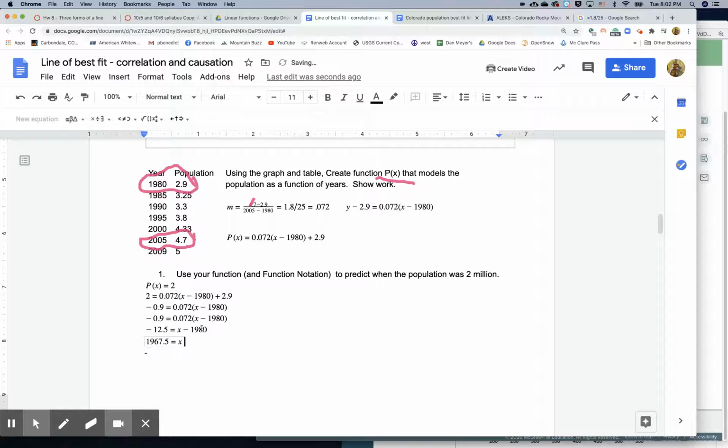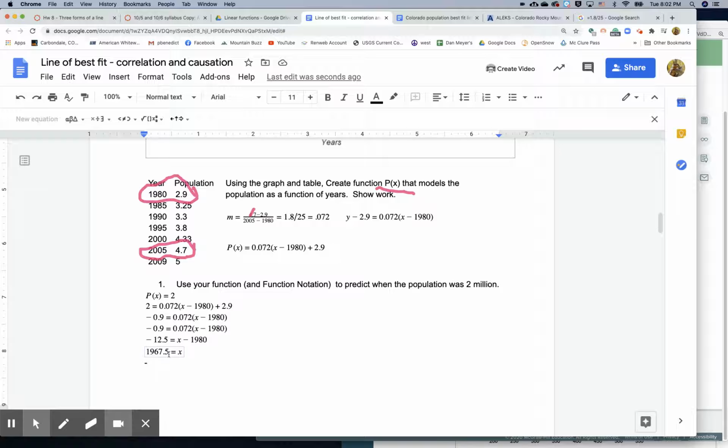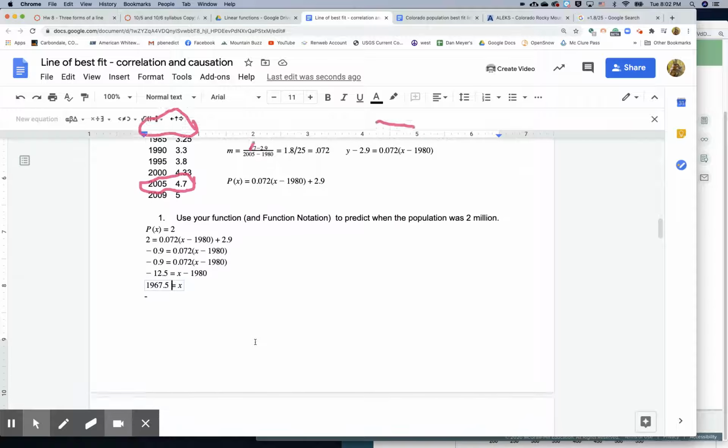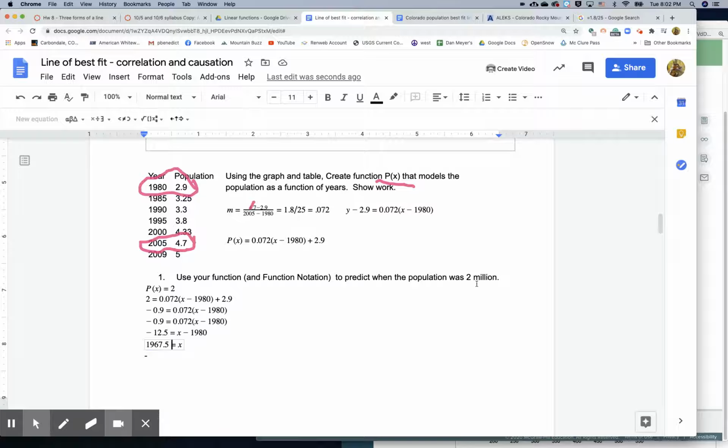So we can see that when P of X equals 2, in other words, when the population is 2 million, that occurred, according to our model, in 1967 and a half. So in like June of 1967, an excellent time. It's actually when I was born. But the important thing to note is that we looked at units and we plugged it in where the units matched in for P of X, and then we solved.